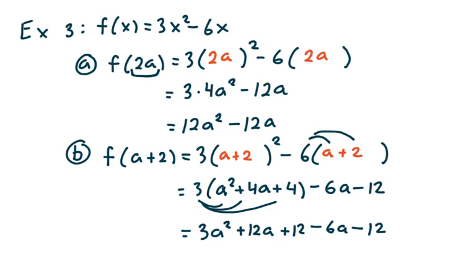Now, notice, what happened to the 12s? Isn't 12 minus 12 0? And then if I take 12a and I subtract off 6a, I get 6a. And so my final answer is 3a squared plus 6a. Now, that's B.